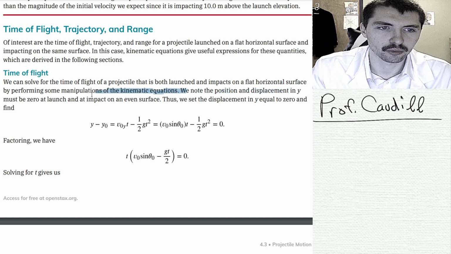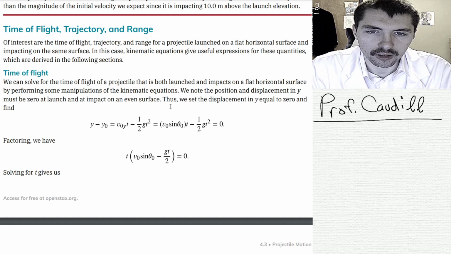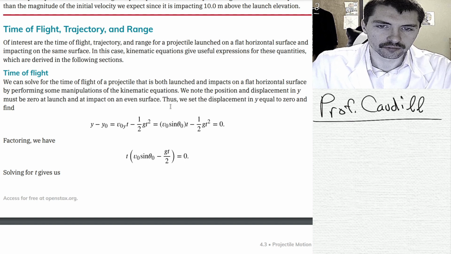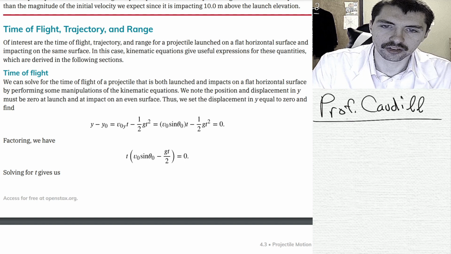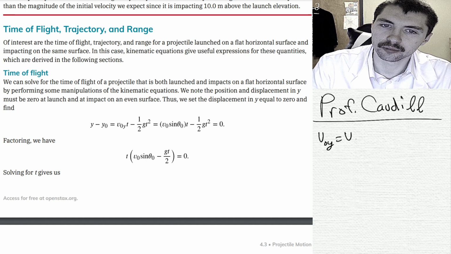Position and displacement in y must be 0, so set these equal to 0. v naught y is v naught sine theta.